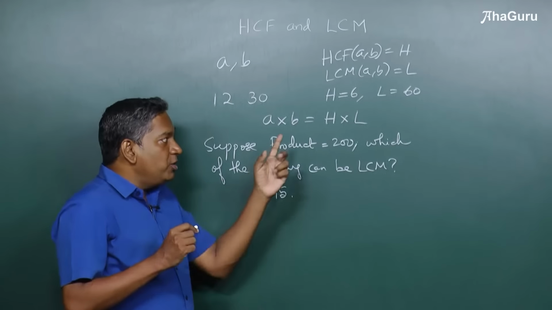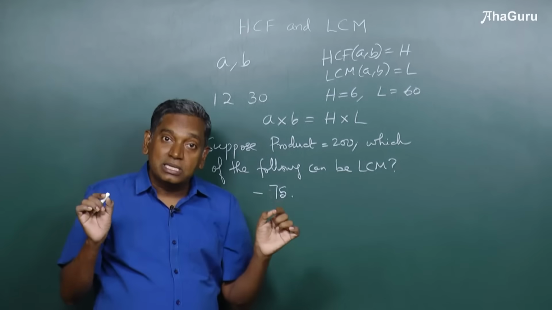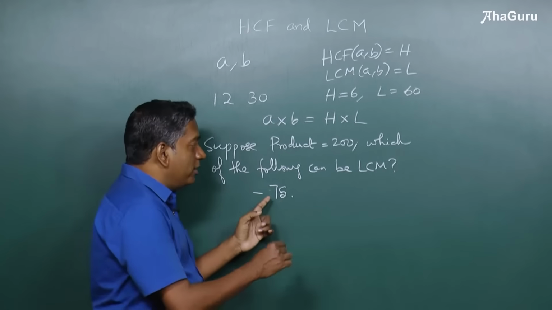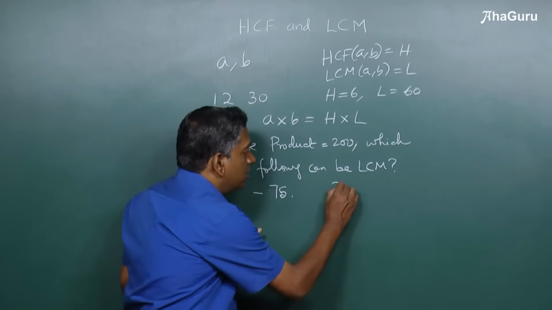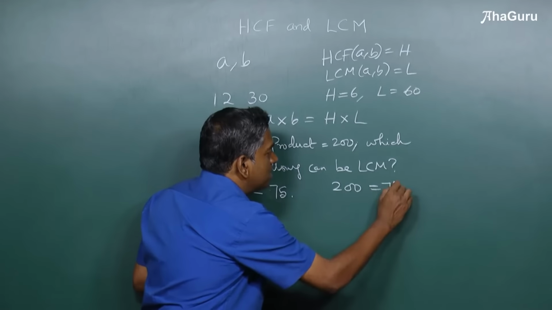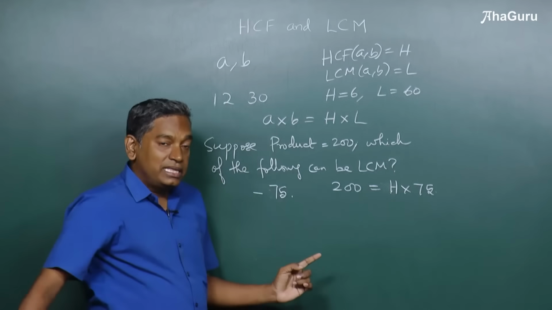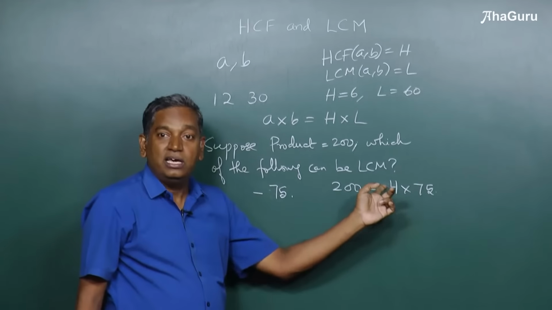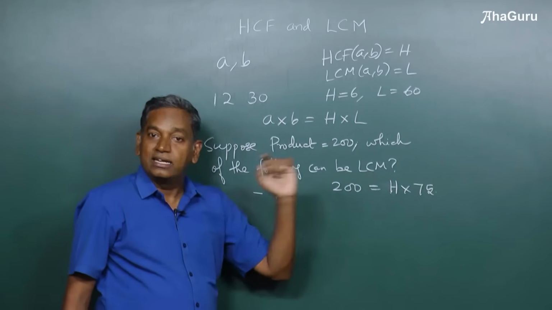And when you are asked questions like this, you don't know what the two numbers are, right? So you are going to see if we can use this relation. So if you say 200 equals H into 75, then you will find that H is actually a fraction and it does not work. Many students understand this.